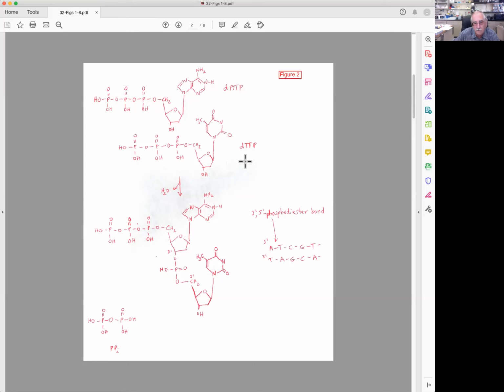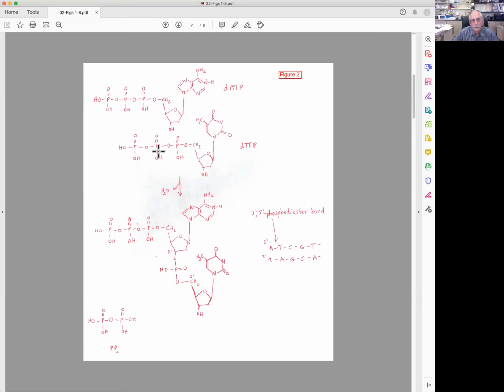When these are put together by an enzyme called DNA polymerase, it directs how the bonds are formed. So there's a dehydration. Notice that this triphosphate right here stays intact, but this hydroxy group ends up replacing this pyrophosphate, this diphosphate, because it changes from this alcohol to this alcohol.